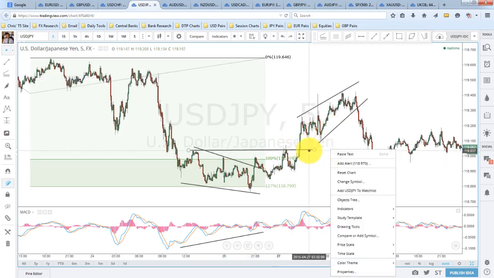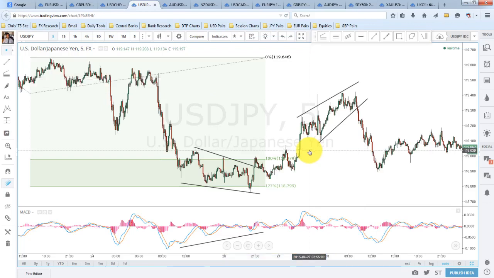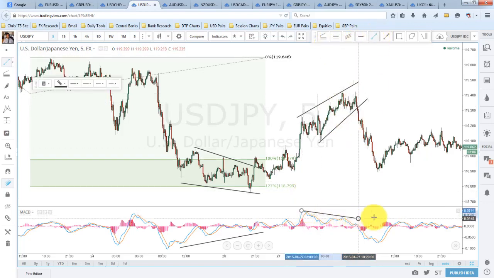Now, this is another example of a diagonal. This is a 5-minute chart, so some intraday volatility came into play. This is what we talk about, where intraday volatility can mess with the patterns a little bit, especially when you're dealing with 5-minute charts and these really small degrees. But notice the diagonal pattern and how price was diverging with the momentum indicator all the way through that pattern.